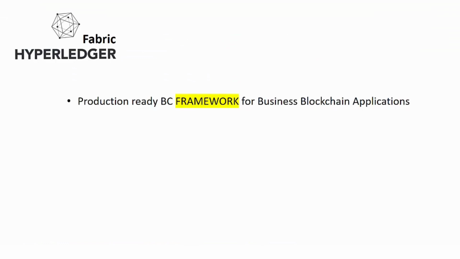Let's go back to what is Fabric. Fabric is a production-ready blockchain framework for creating business blockchain application. Framework here refers to the fact that Hyperledger is not a ready platform like, for example, an RDBMS database such as Oracle or web server such as Apache, which can be installed and used out of the box.